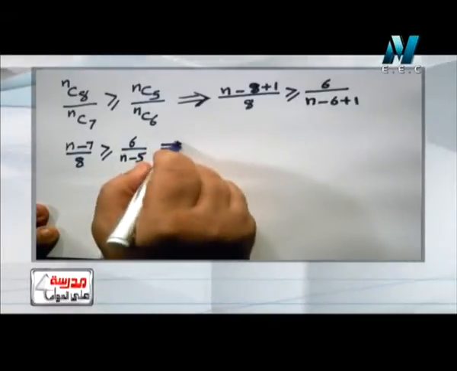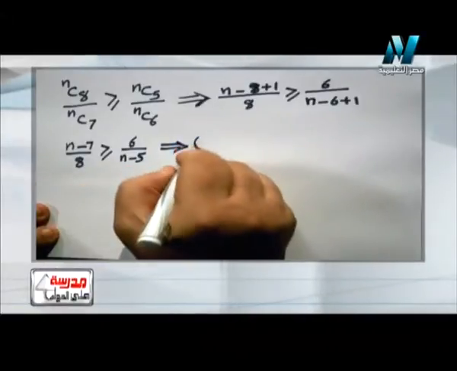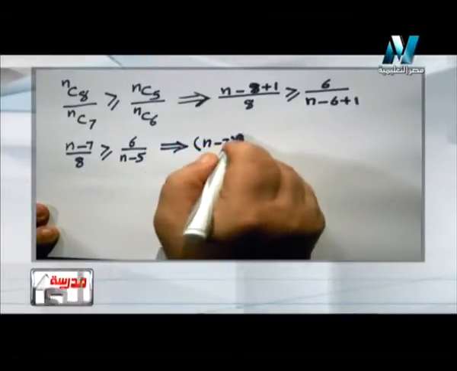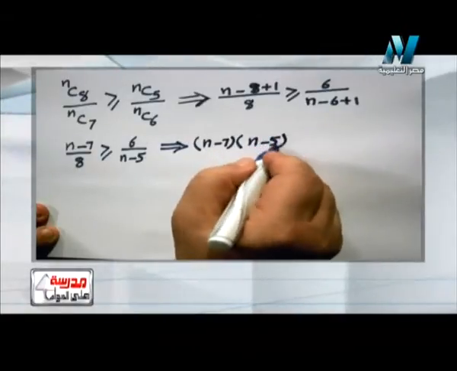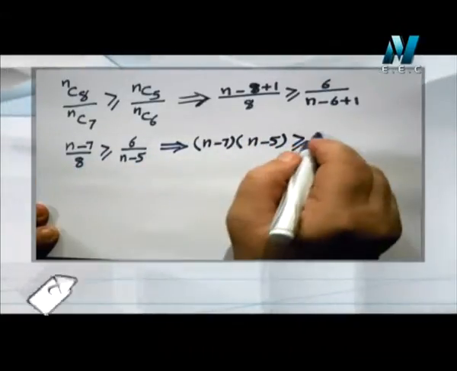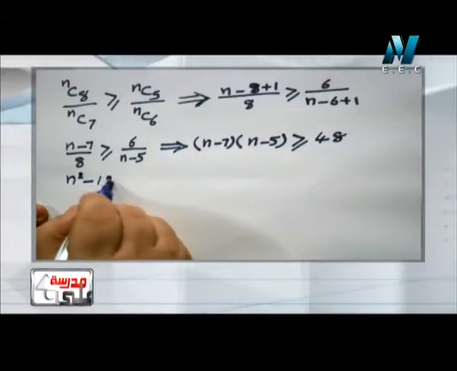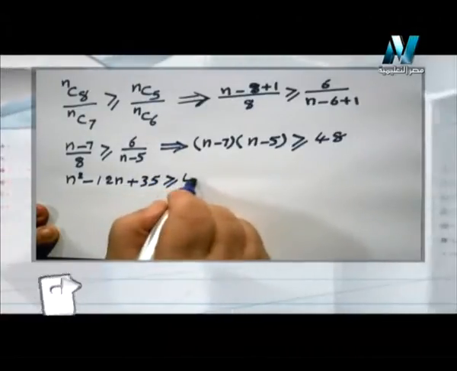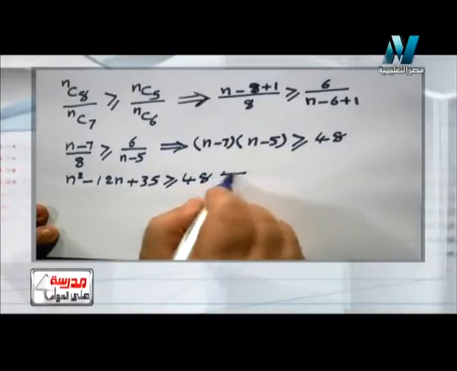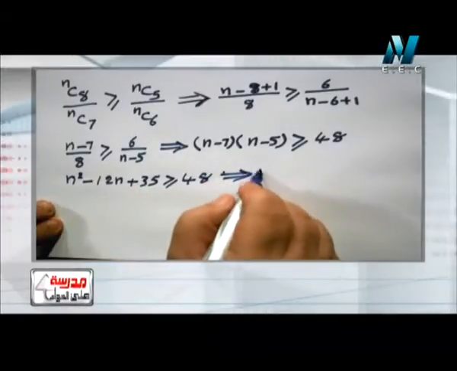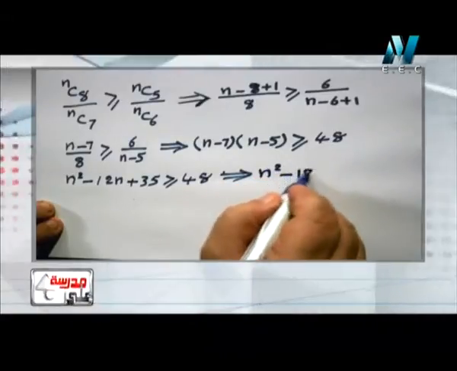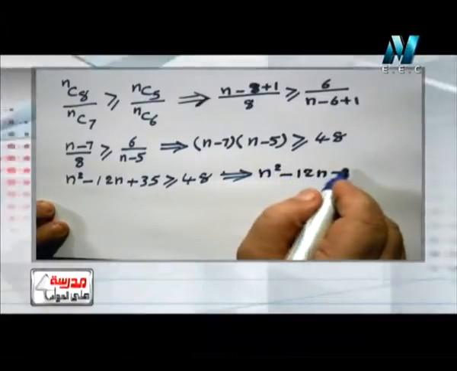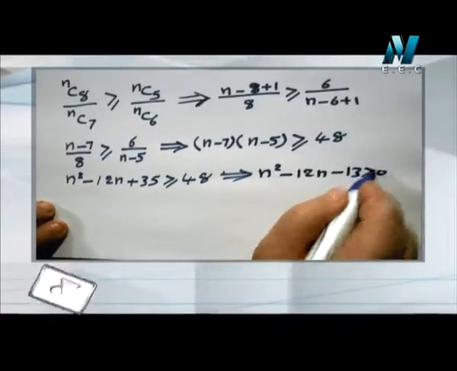We can cross multiply, then (n minus 7) by (n minus 5) is greater than or equal to 6 by 8, which is 48. Brackets, n square minus 7n minus 5n, so 12n, plus 35, greater than or equal to 48. Take 48 to the other side as negative, then n square minus 12n minus 13 greater than or equal to 0.